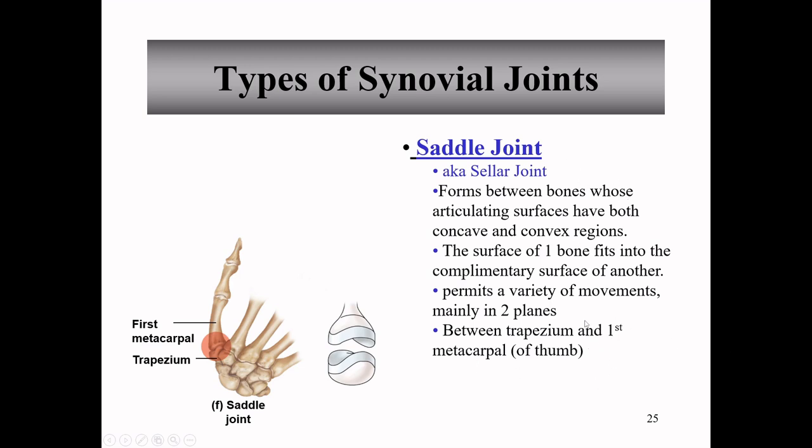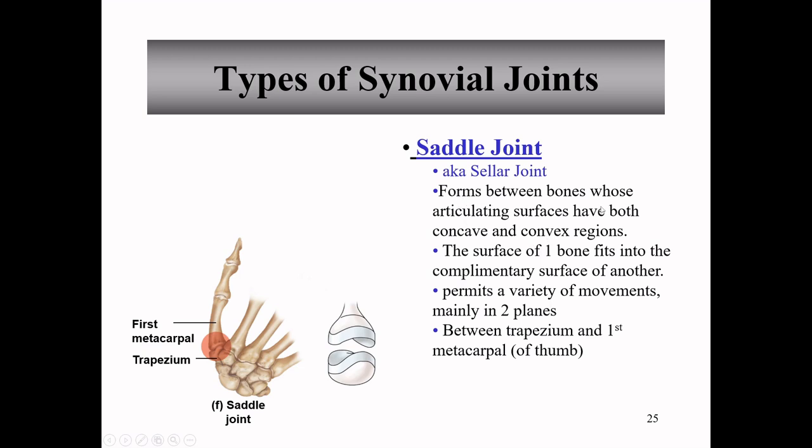So a couple things about the saddle joint. This one you kind of already know because in the skeletal system chapter we just did, we talked about inside the skull we have the sella turcica, the Turkish saddle, where our pituitary gland sits. Sella turcica, Turkish saddle joint, aka sellar joint. So sellar is just saddle in Latin.